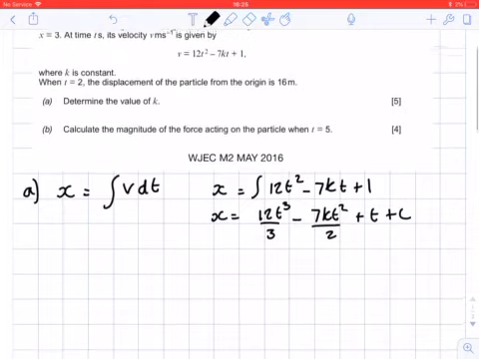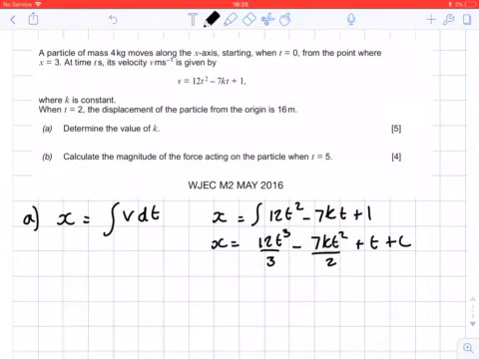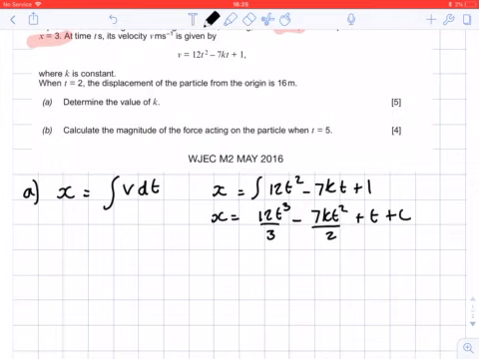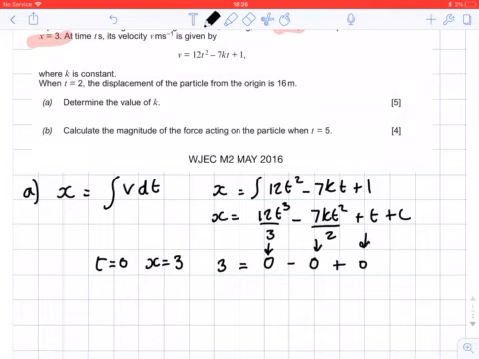Now we have two unknowns here, c and k, so I'm assuming that we have some initial conditions, i.e. when t is 0, x is 3, so we can use that straight away. So using t equals 0, x equals 3, we can say that 3 is equal to, well, t equals 0 into the first term gives me 0, into the second term gives me 0, and subbing into t will also give me 0, plus c.